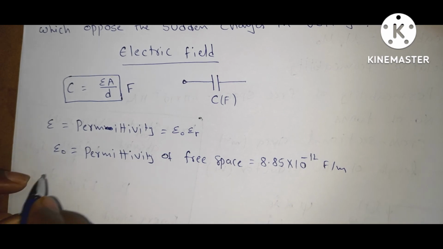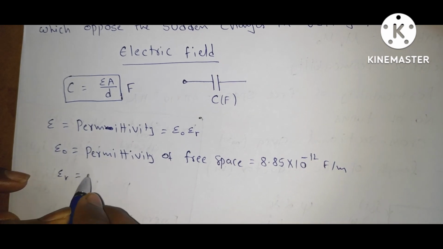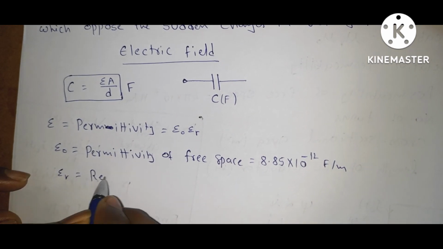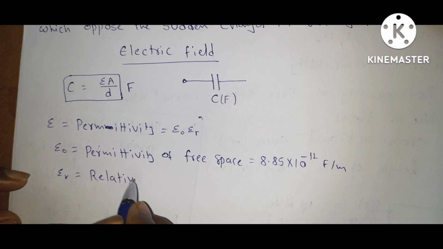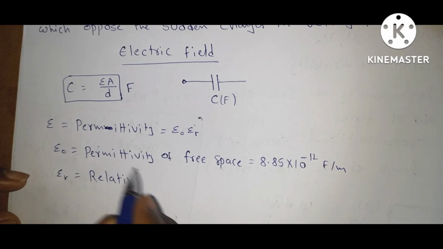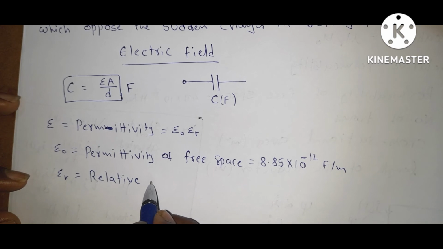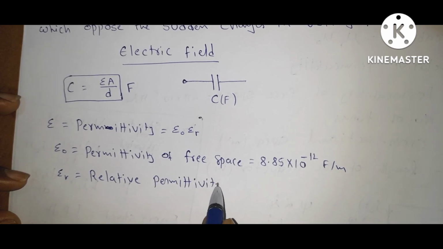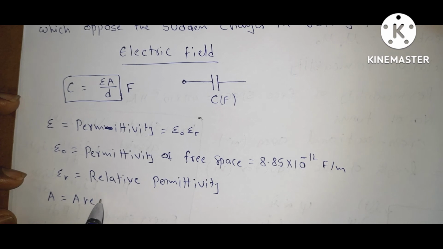Next, epsilon r, relative permittivity. This depends on the type of the material. A is the area of the parallel plates.